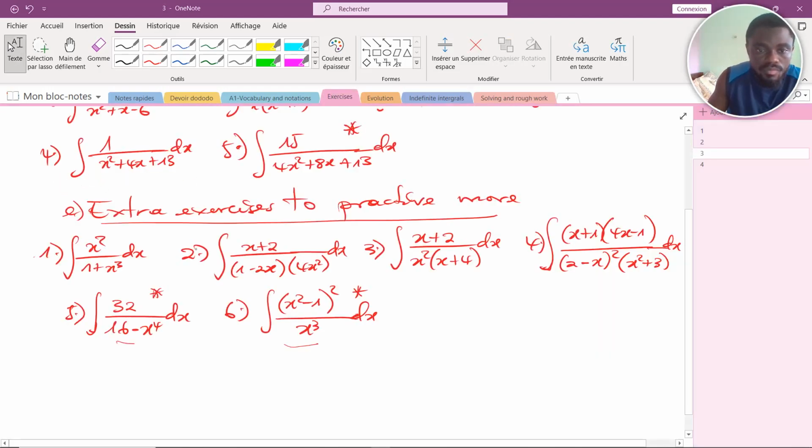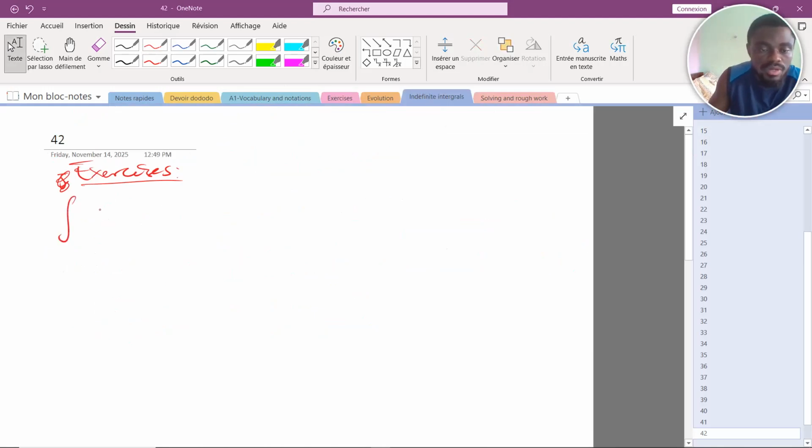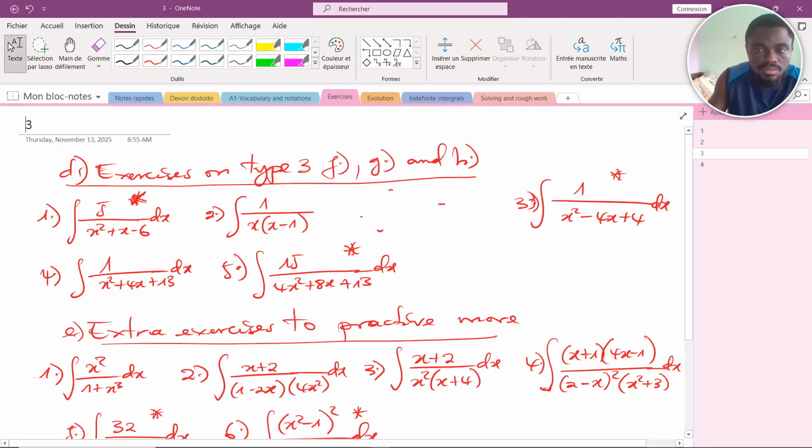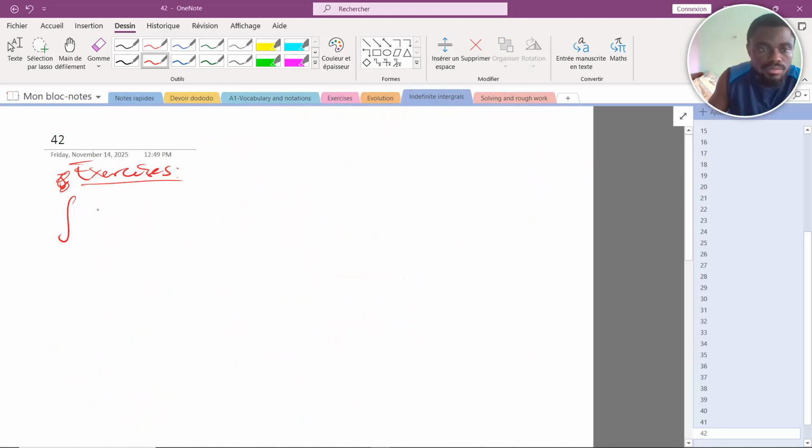The integral of 32 over 16 minus x to the fourth dx. Okay, how are we going to integrate this?